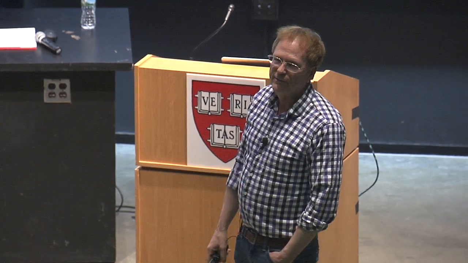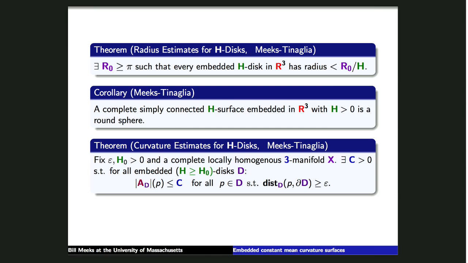So anyway, that's pretty easy. Here's the fundamental result. So you say, where did all this come from? Where do all these other results come from? They come from this theorem. So I'm going to state it in the case of complete, locally homogeneous 3-manifolds. Okay, it says you pick a positive number.